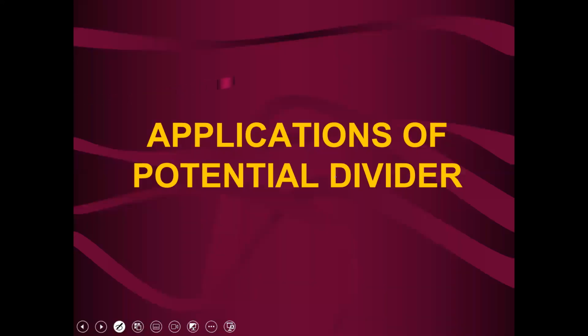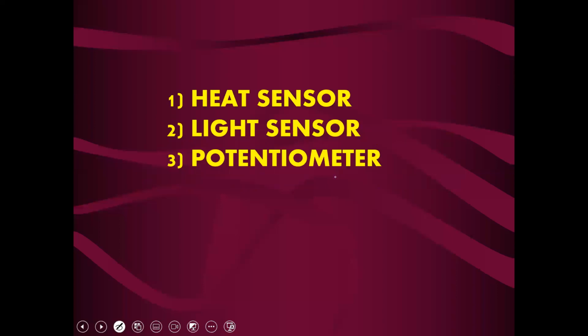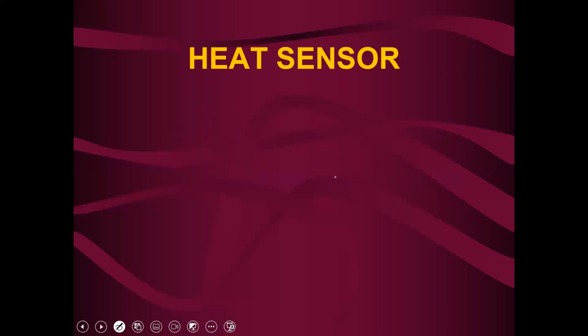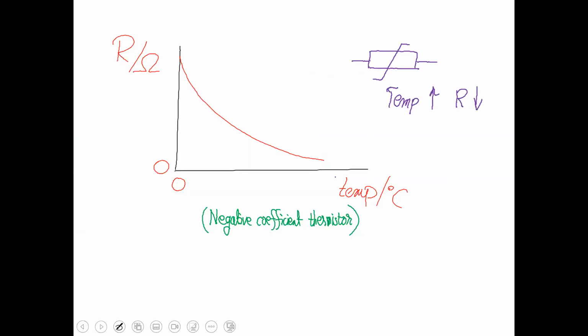Applications of potential divider. Potential divider has three main applications: heat sensor, light sensor, and potentiometer. First, we talk about heat sensors. Heat sensors normally use a thermistor. I hope thermistor is in memory. A thermistor is technically a heat sensor.